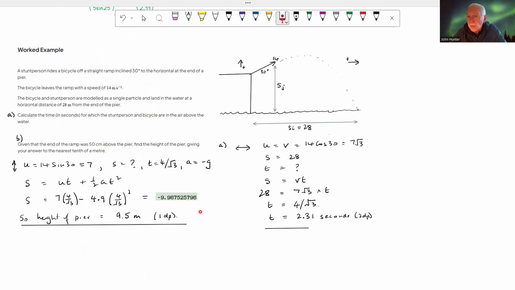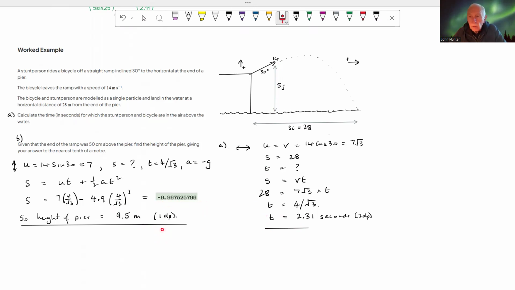And then when we take off the height of the ramp, we have got 9.5 meters if we're rounding that to 1 decimal place. Okay, so that's a very typical kind of thing. We're working out the time of travel and then applying it.